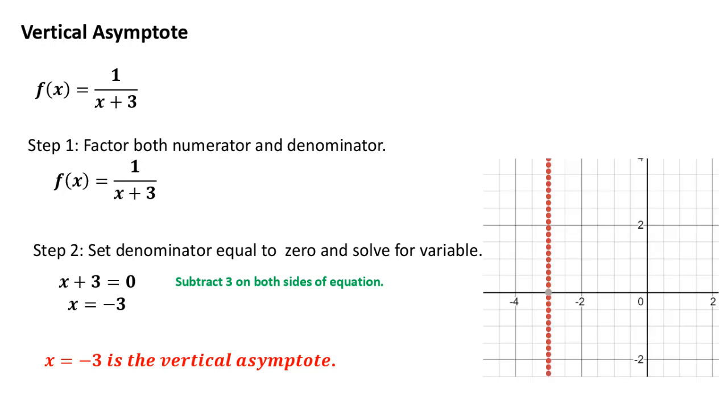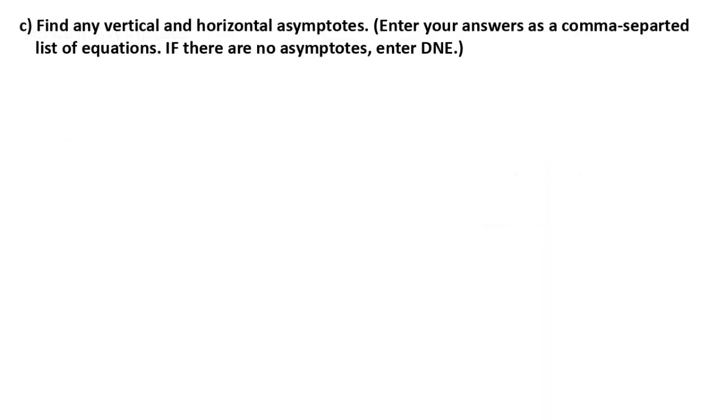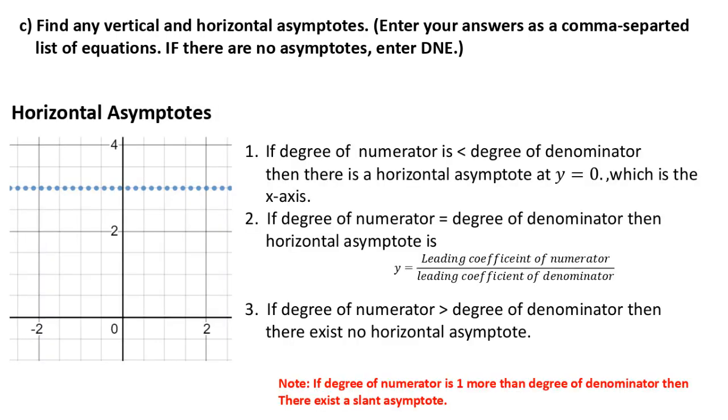Now for the horizontal asymptote, there are three different cases. The first case is if the degree of the numerator is smaller than the degree of the denominator, we have a horizontal asymptote at y equals 0. Second case, if the degree of the numerator is equal to the degree of the denominator, then we have a horizontal asymptote by this fraction.